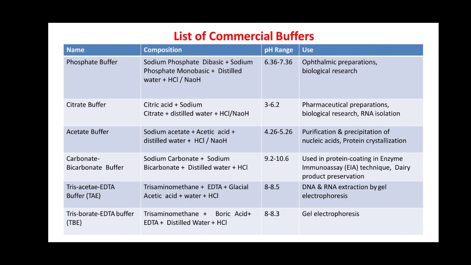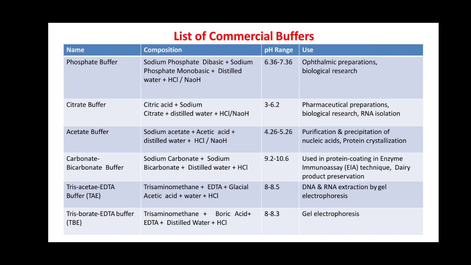Carbonate-bicarbonate buffer is sodium carbonate and sodium bicarbonate and distilled water plus HCl. It ranges from 9.2 to 10.6, and is used in protein coating in enzyme immunoassay techniques and dairy product preservation.